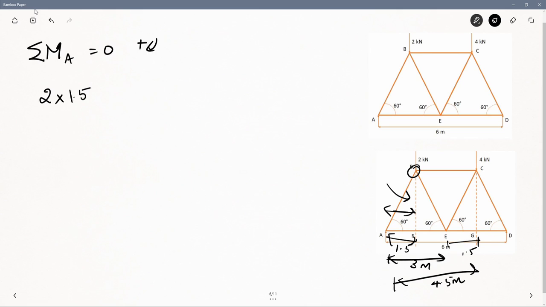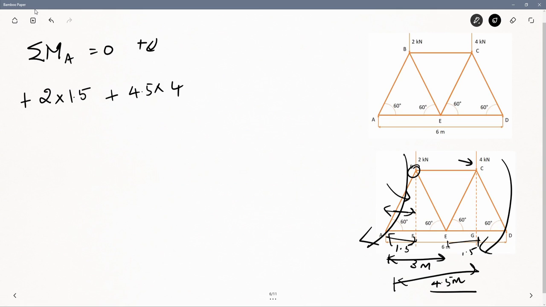Since this moment is a clockwise moment, I prefix it with the positive sign. Then there's a second force, 4 kilonewton, acting at a total distance of 4.5 meters. So 4.5 into 4 kilonewton. Again, this force causes a clockwise moment with respect to support A, so I prefix it with a positive sign.